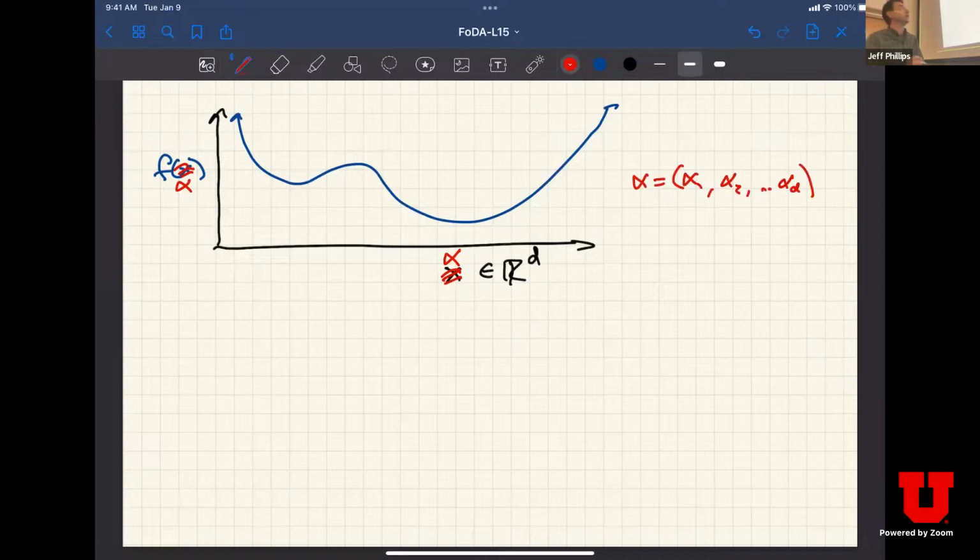So this is going to be the values we consider. And ultimately what we'd like to find is this alpha star, which is the arg min over alpha of this function of alpha. So that's the point that corresponds with the minimum value of the function.